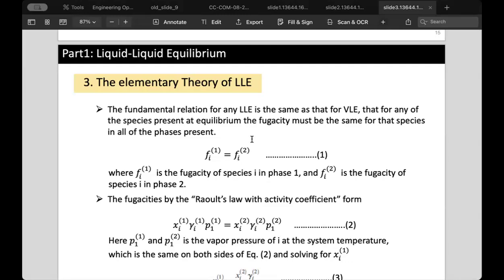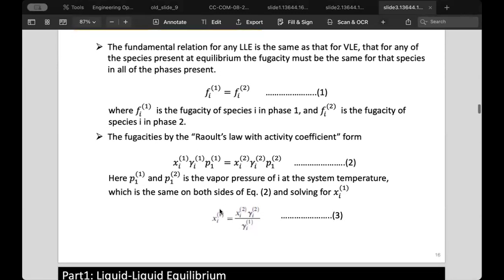But what about P_i^sat? It is the saturation pressure of a pure component, right? So for both sides, it should be identical. So what you have now is x_i gamma_i of phase 1 equals x_i gamma_i of phase 2. Just that.